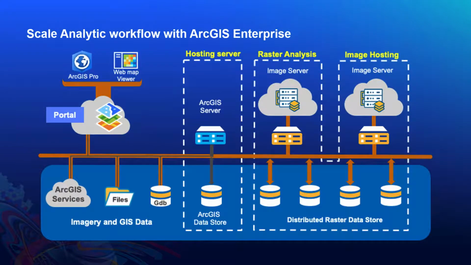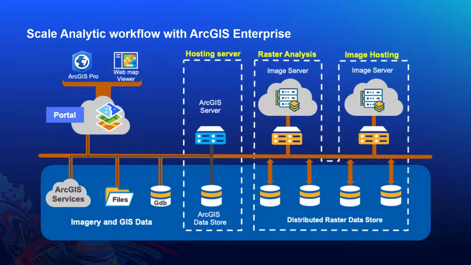And you can actually set up and configure an ArcGIS Enterprise with the raster analytic capability to support the distributed raster analysis workflows. This is what the typical configuration looks like. With ArcGIS Enterprise, you may have different server sites serving different roles. Through the ArcGIS Enterprise wizard, you can configure a particular federated image server to be used as the raster analysis server.